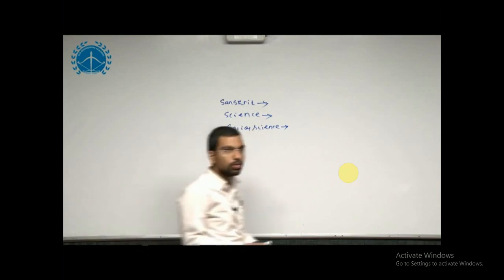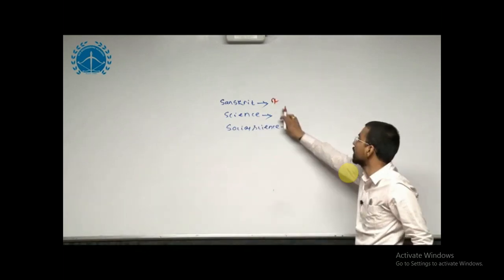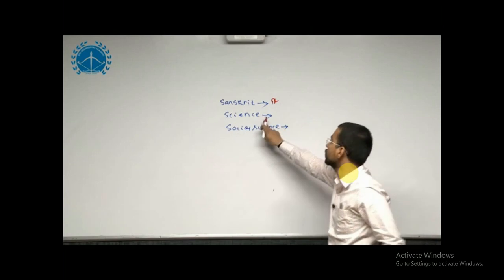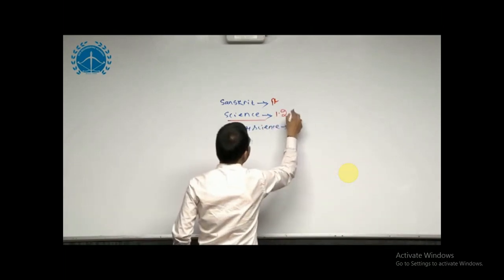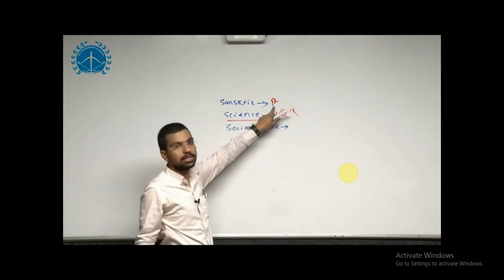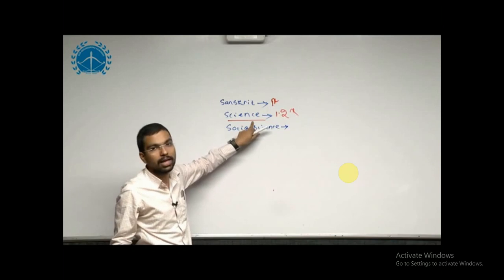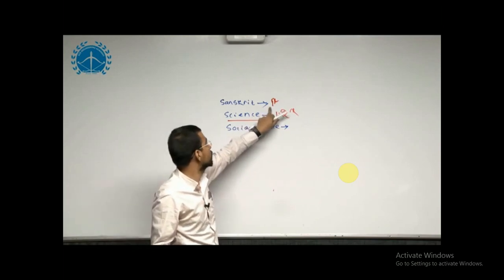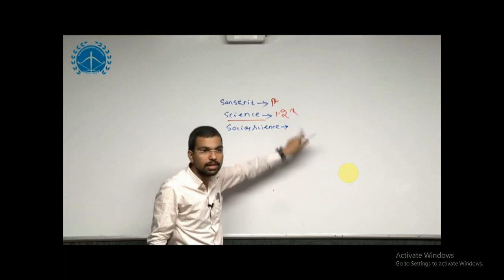If he scores X marks in Sanskrit, according to the question he scored 1.2 times X in science, that is 1.2x.